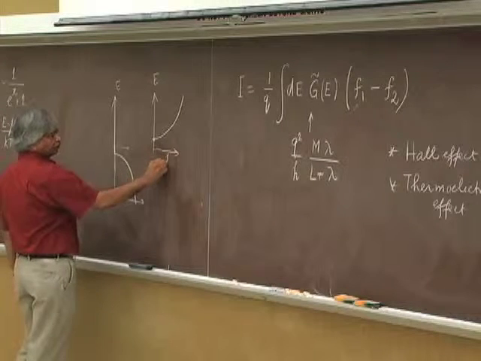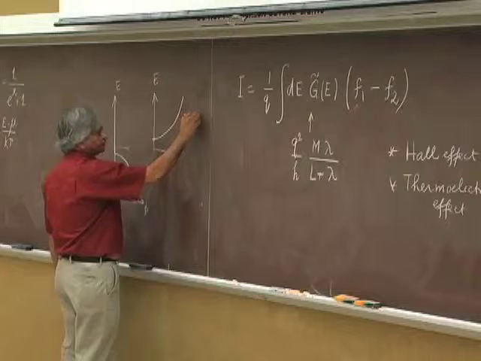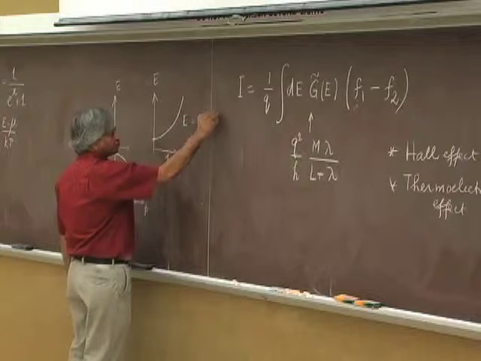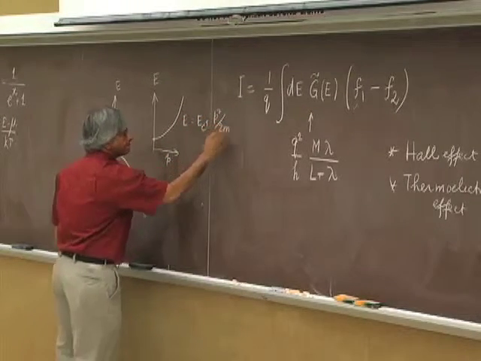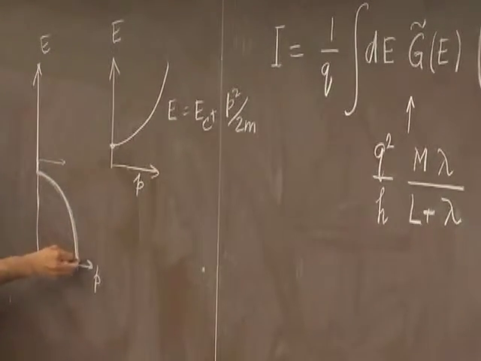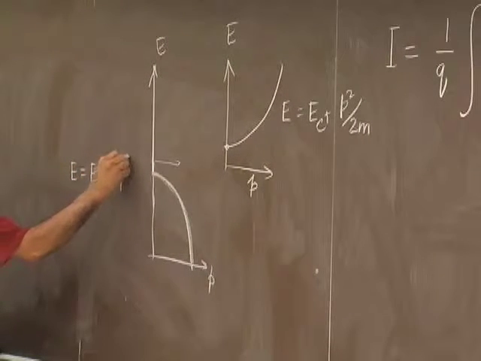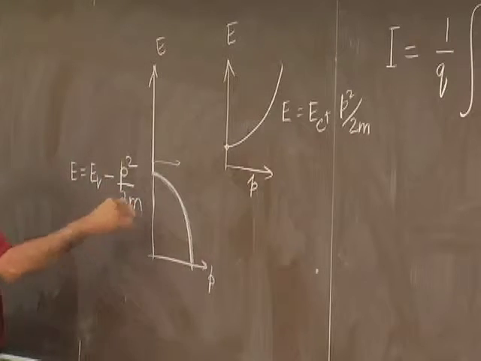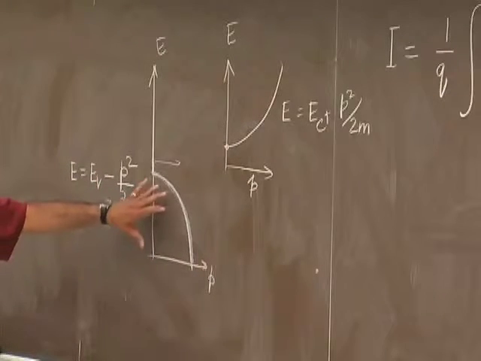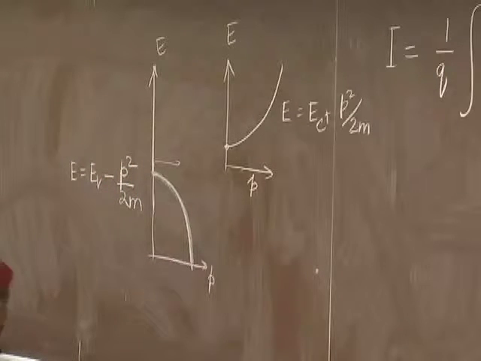What you're drawing here is an E-P relation, and here the E looks like E_C plus P squared over 2M. Now, when you're describing an E-k relation in a valence band, it looks more like E equals E_V minus P squared over 2M. It is going downwards. So in the valence band, when you write an E-k relation, you write something like this.